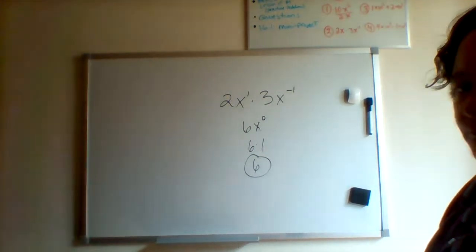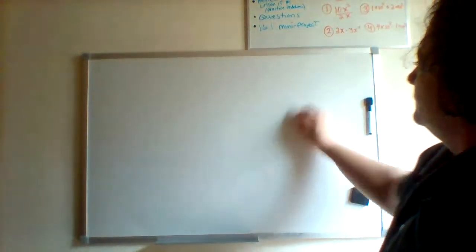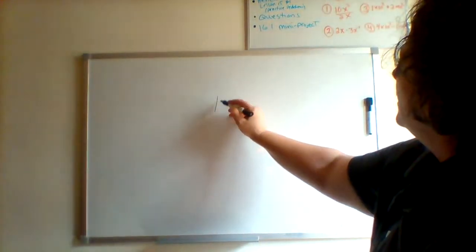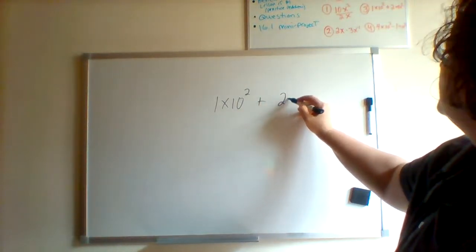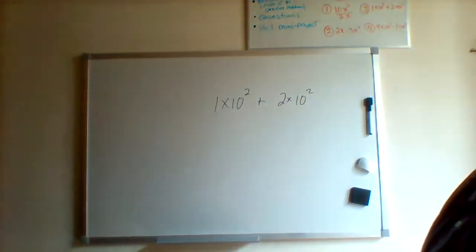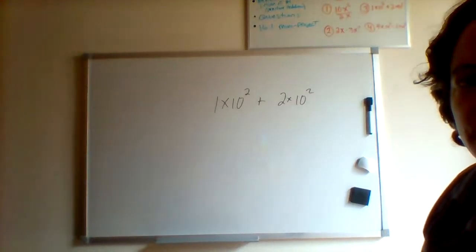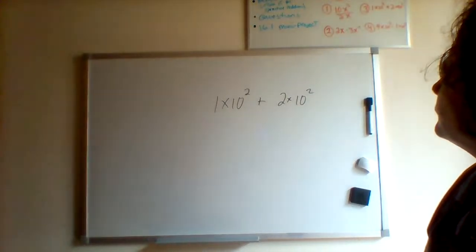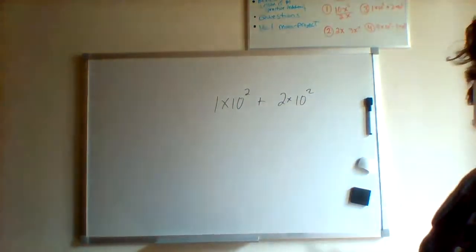Okay, number 3. We've got 1 times 10 squared plus 2 times 10 squared. Now this looks much different, right? But we did practice this yesterday. So luckily, my bases are the same.